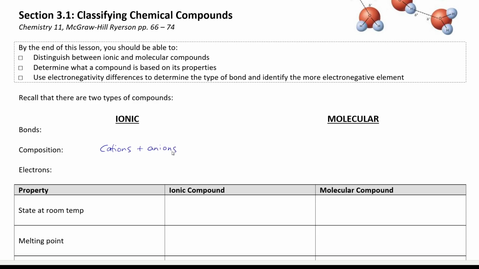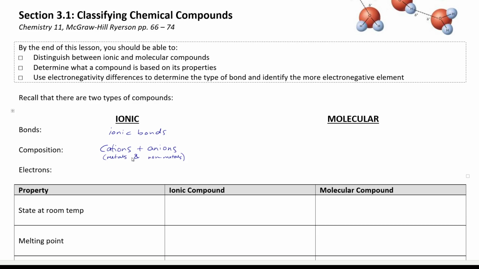So that is positively charged ions bonding with negatively charged ions, and the bonds that they form are ionic bonds. Generally speaking, these are typically metals and nonmetals. However, there are some exceptions.